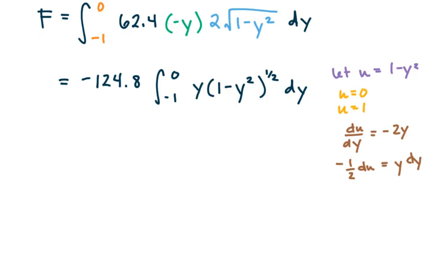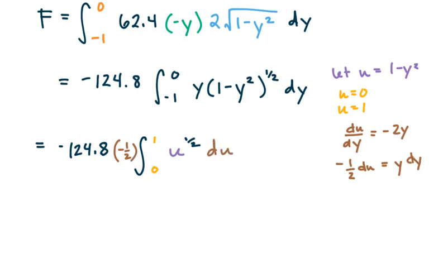So let's set this up. I've got -124.8. My integral now goes from 0 to 1 instead of -1 to 0. What's in the parentheses, 1 minus y squared, becomes u. I have u to the 1/2, and y dy is equal to -1/2 du. So I'm going to put that -1/2 in the front and my du here.